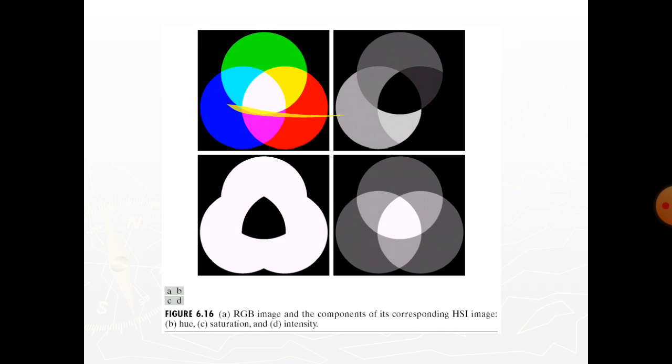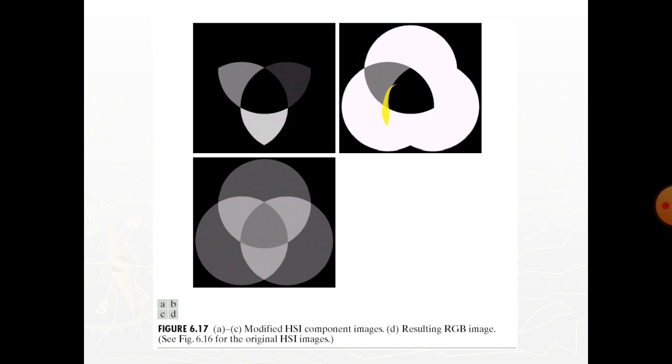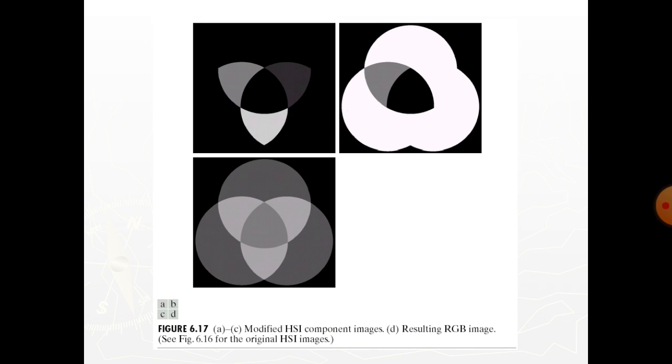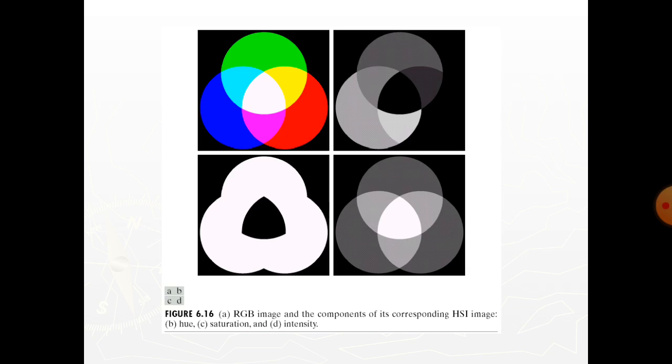In this figure B, we reduce by half the saturation of the cyan region in the component image from figure C. We also reduce by half the intensity of the central white region in the intensity image.